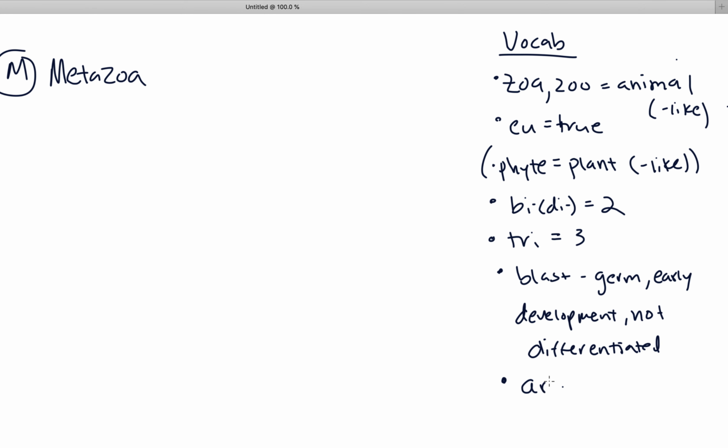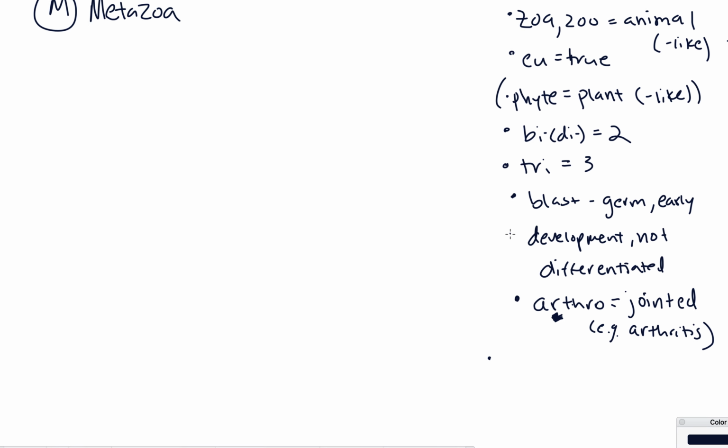We have arthro, and I emphasize this, arthro with an R. We'll tend to get that mixed up with an N, but arthro means jointed or joints. If you can think of arthritis, you probably know that word already, a disease of the joints.